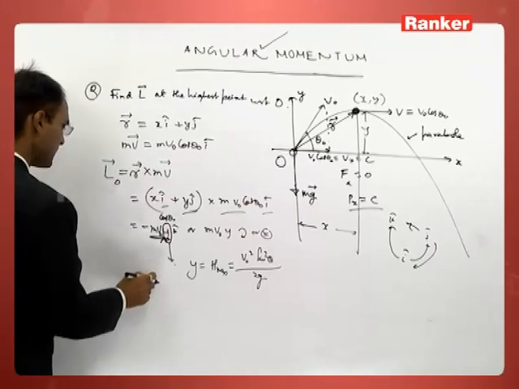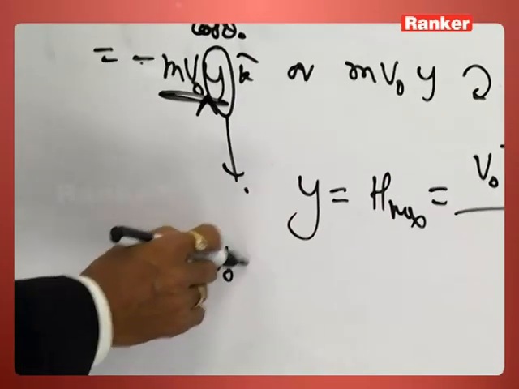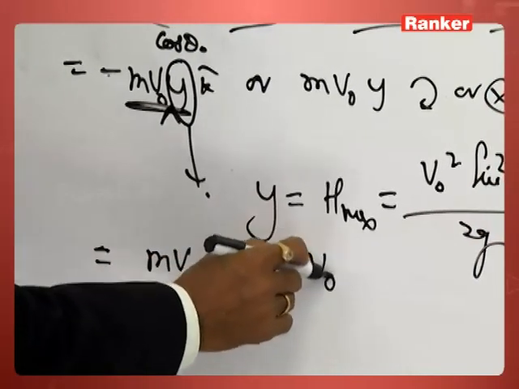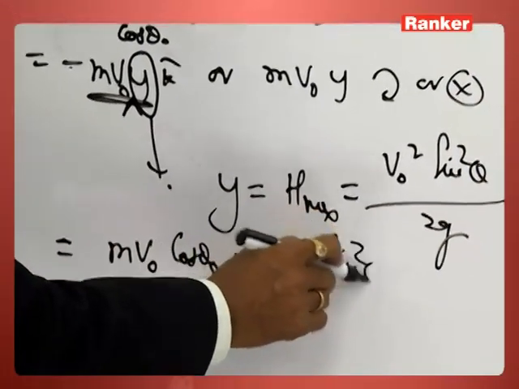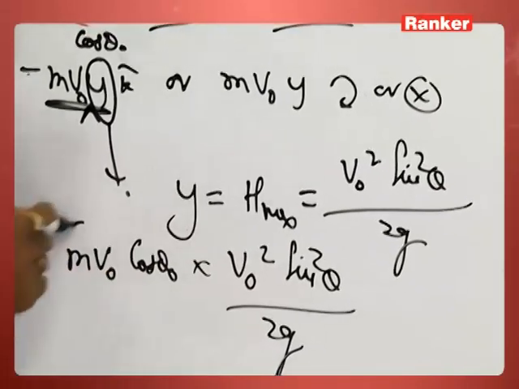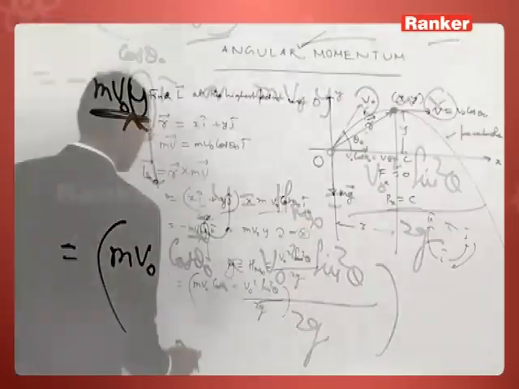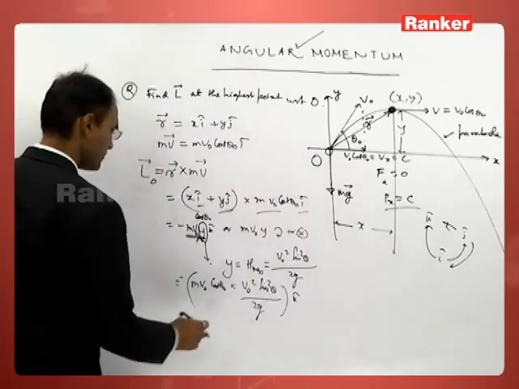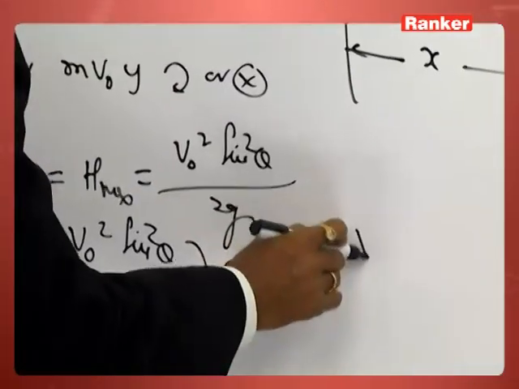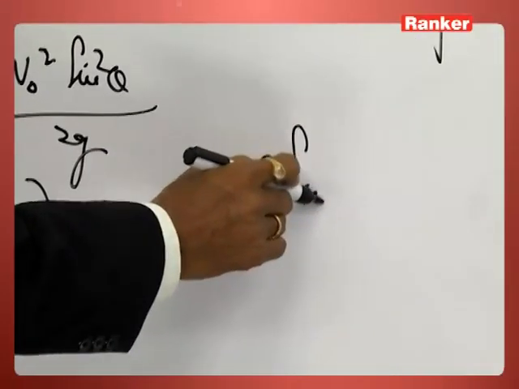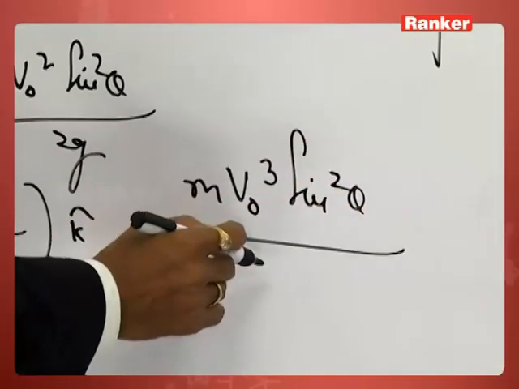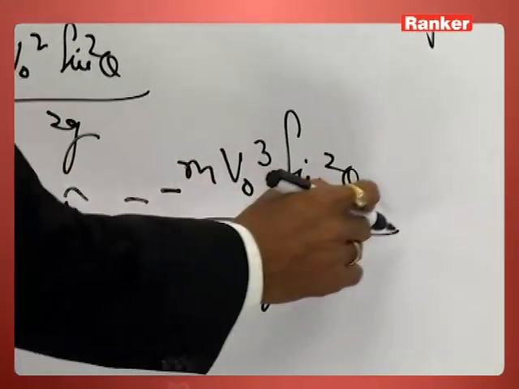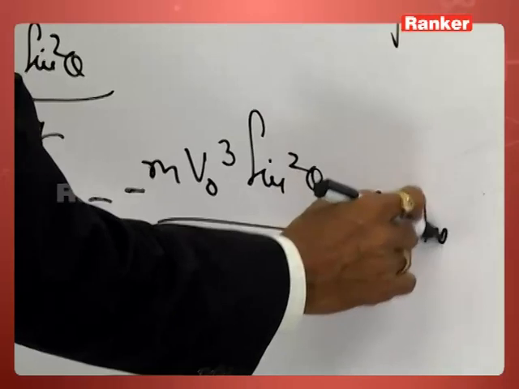When you substitute this, m v naught cos theta naught into y as v naught square sin square theta upon 2g into minus k cap, this gives us m v naught cube sin square theta naught cos theta naught by 2g into minus k cap. Answer.